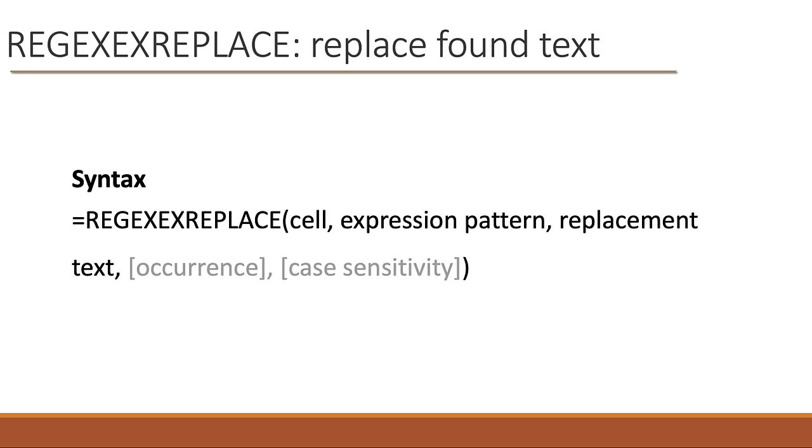Now, what occurrence means is, if there's more than one instance of the text you're looking to replace, which one do you want? By default, it will replace all of them, and the parameter for that is 0. Or you could tell it 1, 2, 3, etc., and you could even start at the end with -1, -2, and so on.